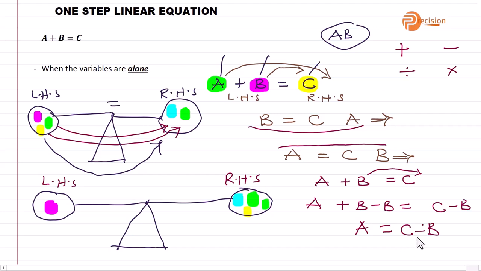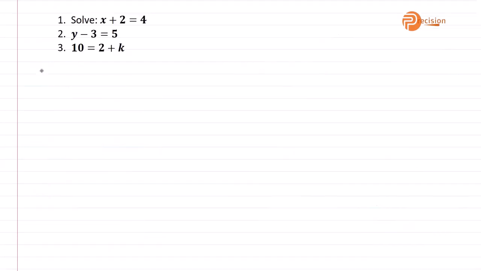Let's go ahead and do the next one, or solve questions on this so I can make more sense. For the very first question, we have: solve x plus 2 is equal to 4. In this situation, all the variables or all the quantities here are alone. Okay, so here, remember, this is a variable.